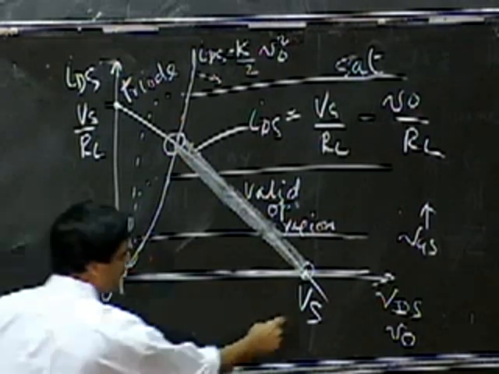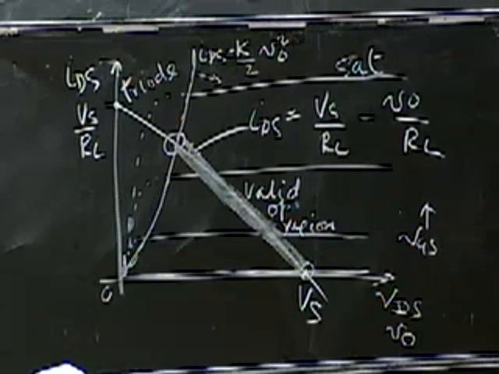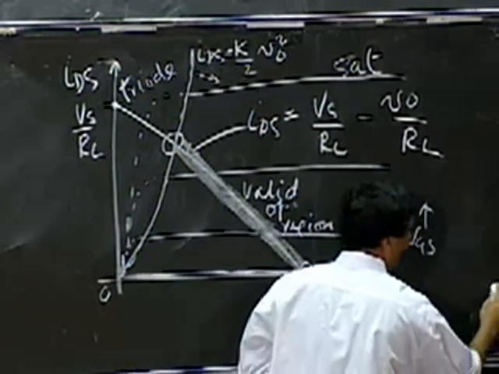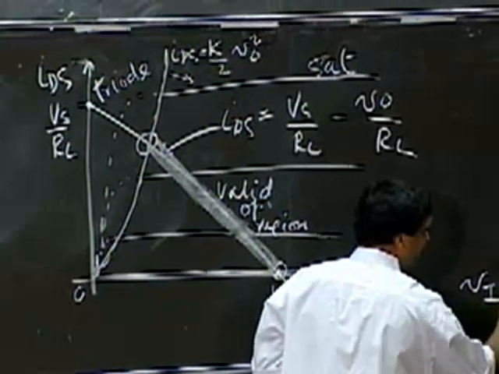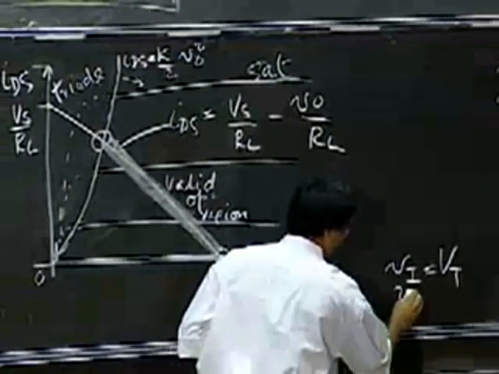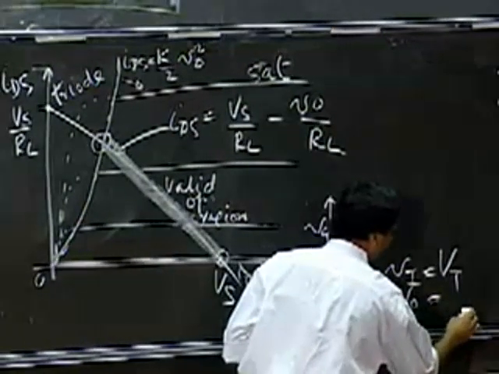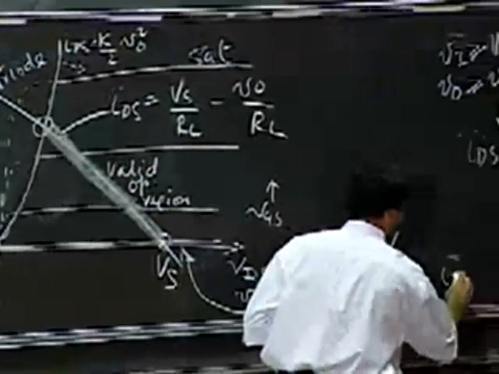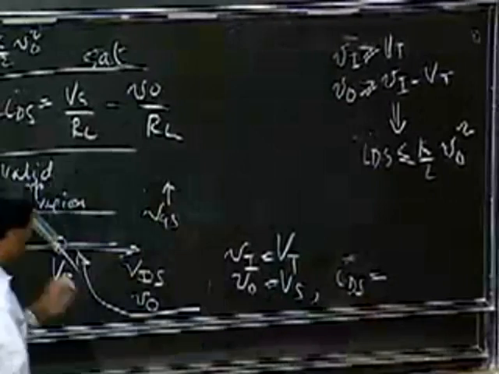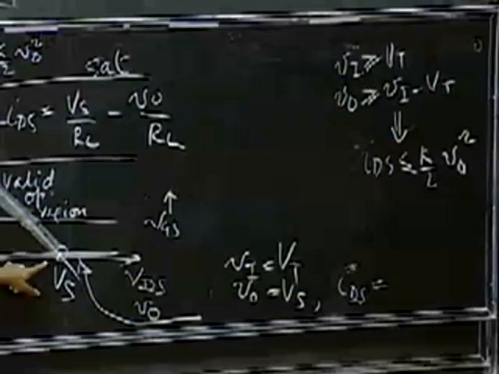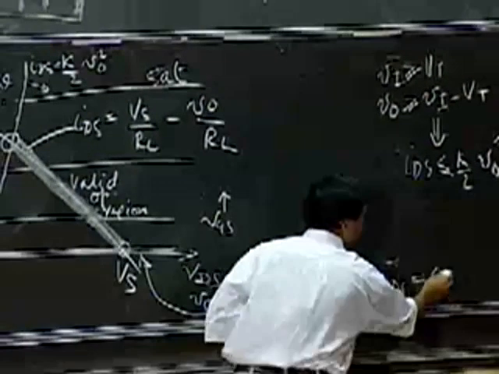So this is good. This is VS. That's good to know. And for this point, I know that VI, which is VGS, equals VT. I know V naught is equal to VS. And IDS at this point is 0.